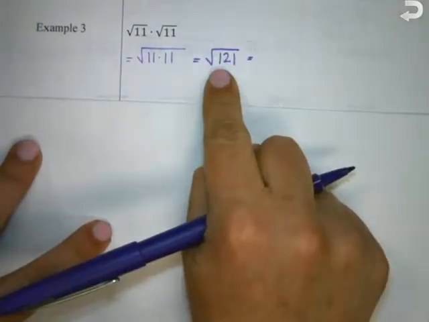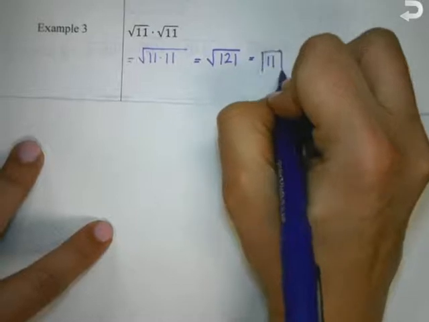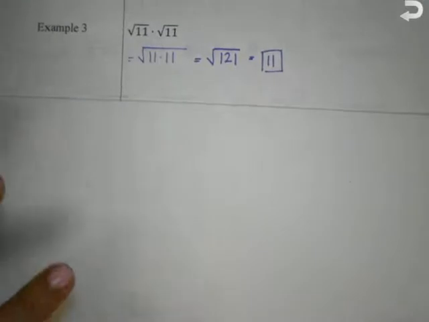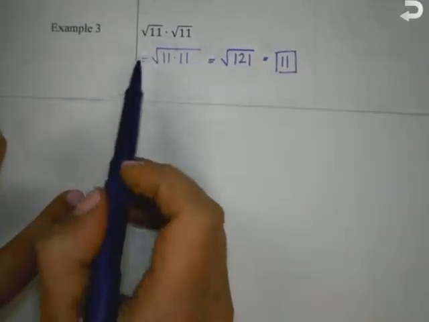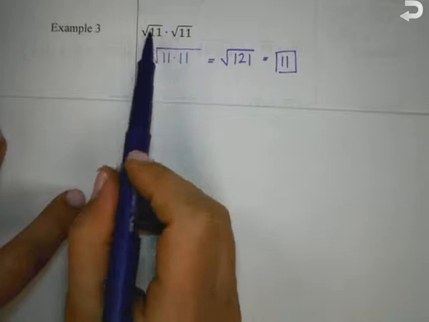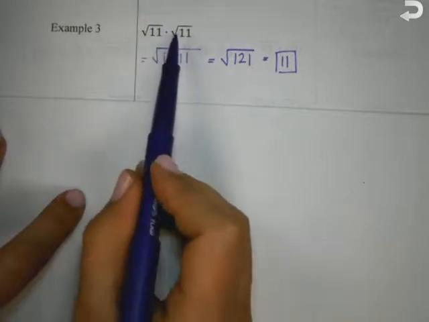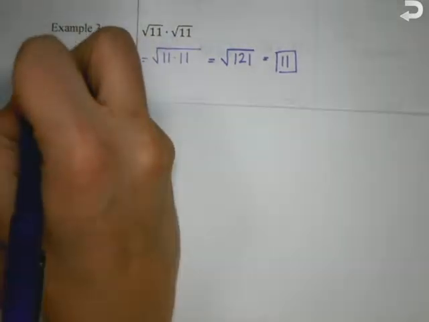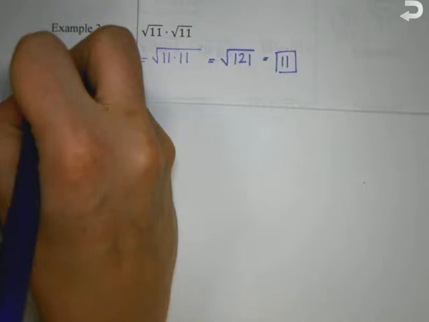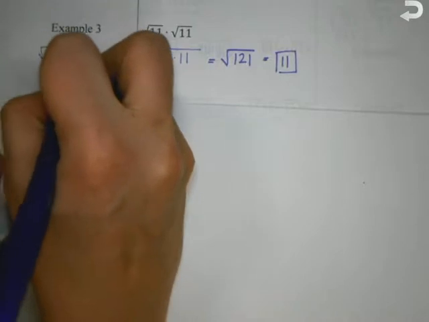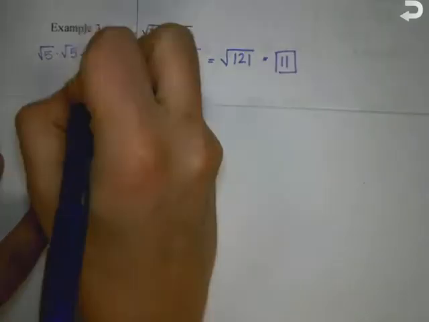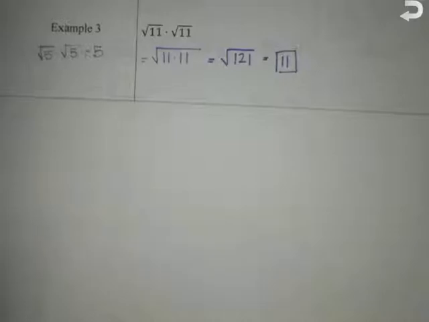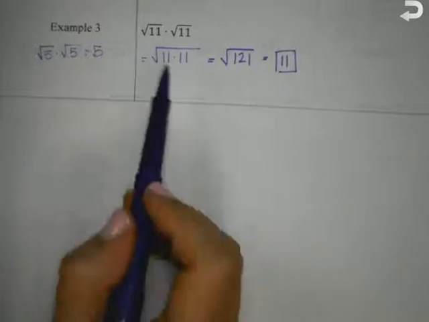So did we have to do all of that work? What did you guys notice about this? It gives us the answer. The square roots cancel each other out, right? So if I gave you something like square root of 5 times square root of 5, what would the answer be? 5. Okay? So if it's double, they cancel each other out and we get just whatever's inside.